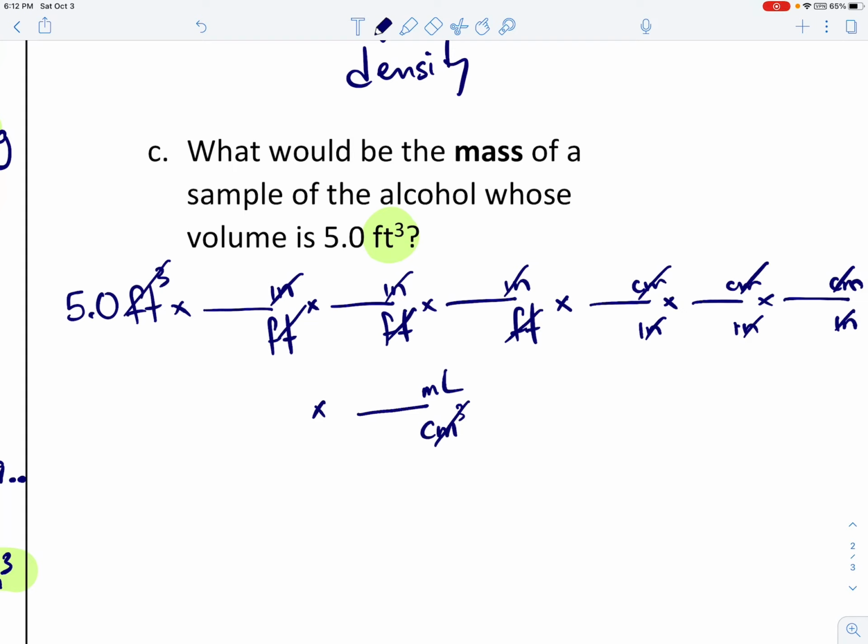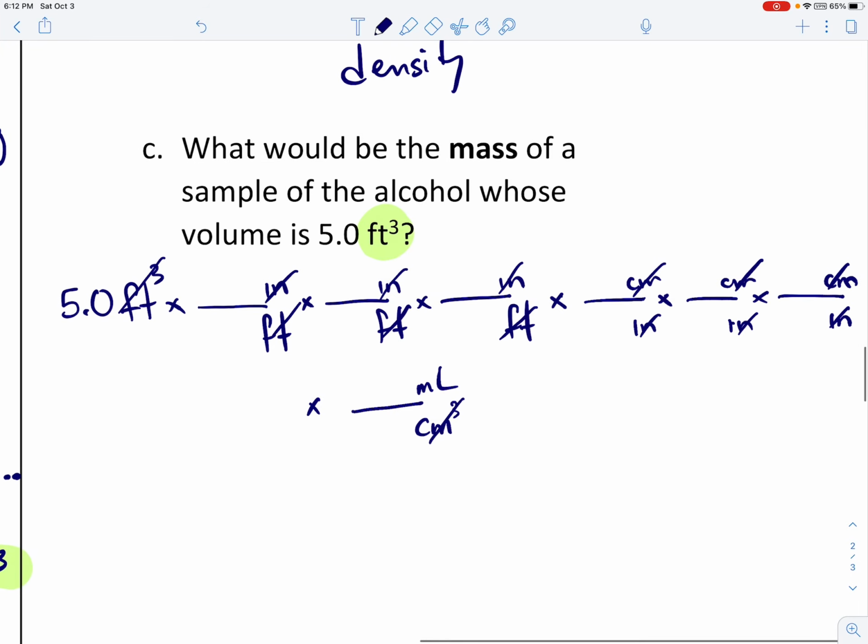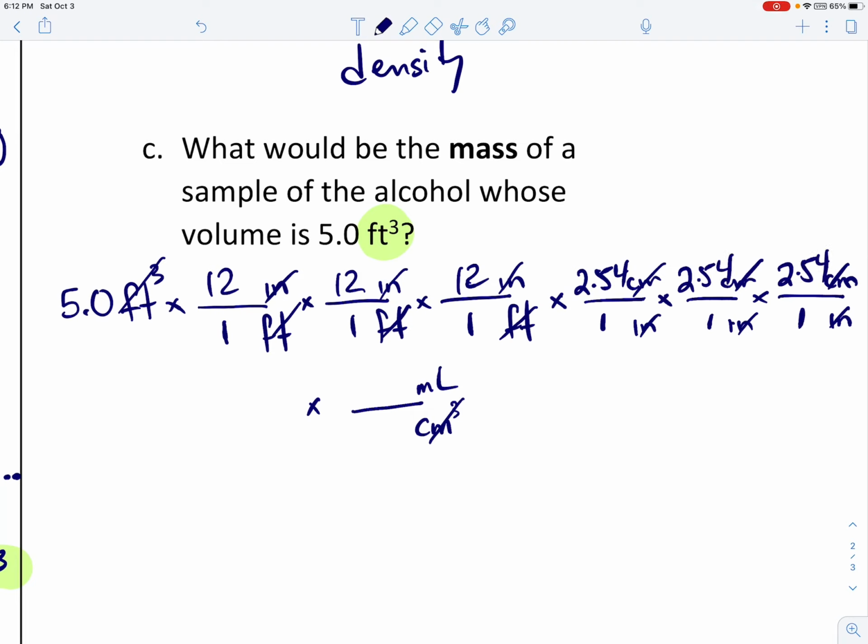Centimeter times centimeter times centimeter gave us cubic centimeters, which cancels here. So now let's put our numbers into these recipes. There's 12 inches in a foot, 3 times, 2.54 centimeters in an inch, 3 times, and that last unit multiplier is basically just a 1-to-1. 1 milliliter is 1 cubic centimeter.